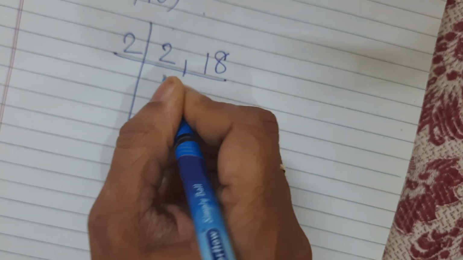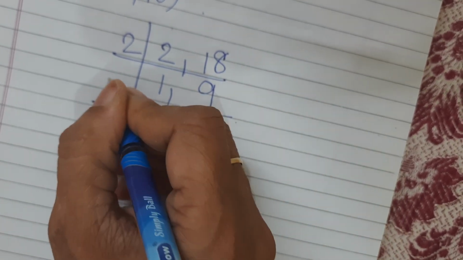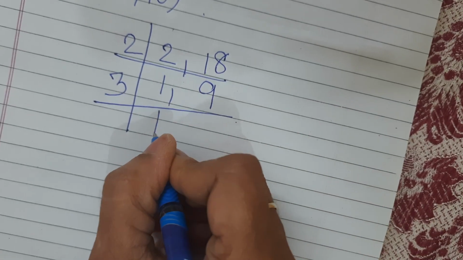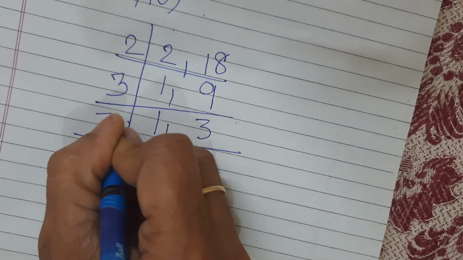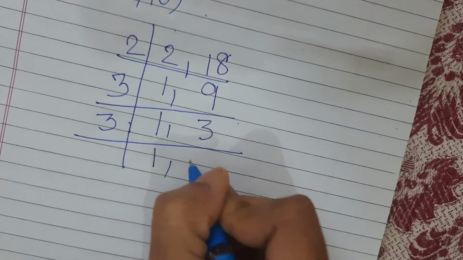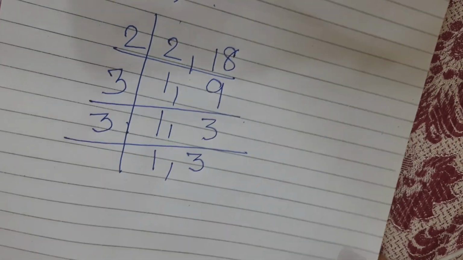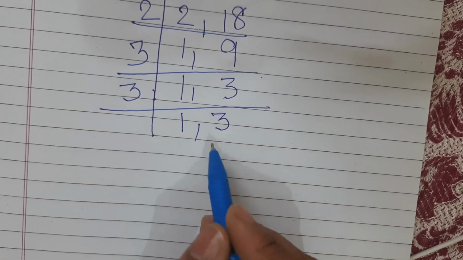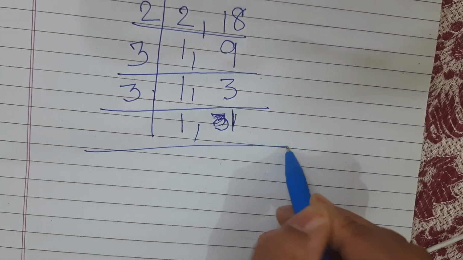Okay. 2 ones are 2, 2 nines are 18. Then the next number would be 3. 3 ones are 3, 3 threes are 9. Okay. I'll write 3 again. 3 ones are 3, 3 ones are 3. Okay. So now I am not left with any number.